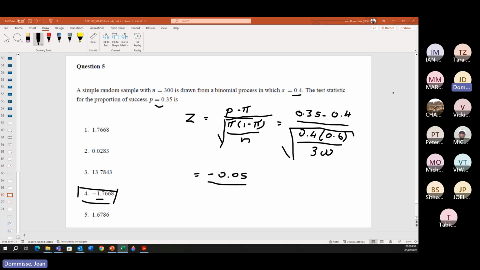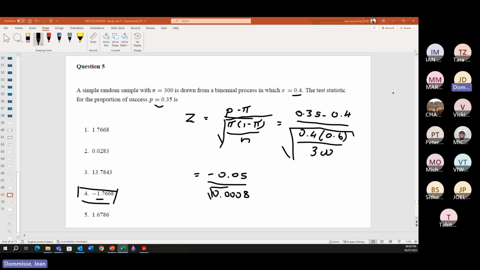let's work out what this portion is that we need to divide by. So that is 0.4 times 0.6 divided by 300. That's weird. It again seems like 0.08, but the square root of it.